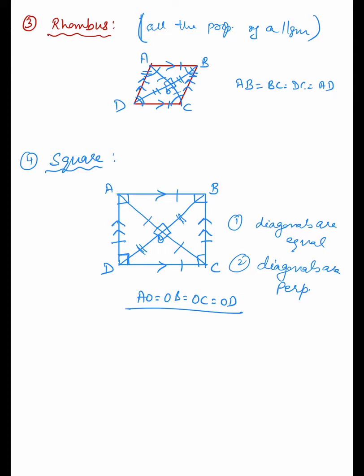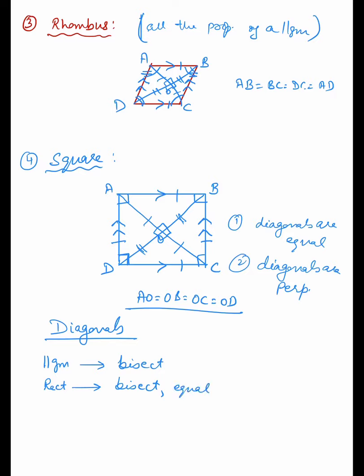Suppose now I want to recall all the properties only about the diagonals. What can you say about the diagonals of a parallelogram? They only bisect each other. What about a rectangle? The diagonals of a rectangle bisect each other, and at the same time they are equal also. If I talk about a rhombus, then the diagonals bisect each other and they are perpendicular to each other, but they are not equal.